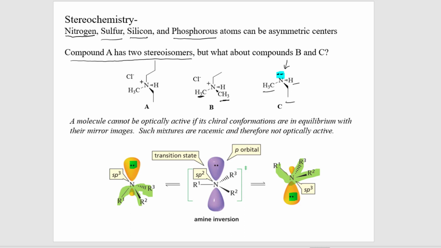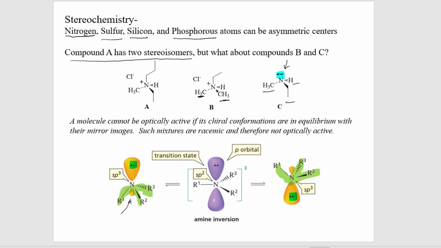Technically, the other side of the lobe of the orbital is on the back side, and the electrons could be in either place, and they're in equilibrium. And these bonds are sort of inverting every single time. They're flipped up, they're flipped down, they're flipped up, they're flipped down. And so this interconversion of an amine prevents the molecule from being optically active.